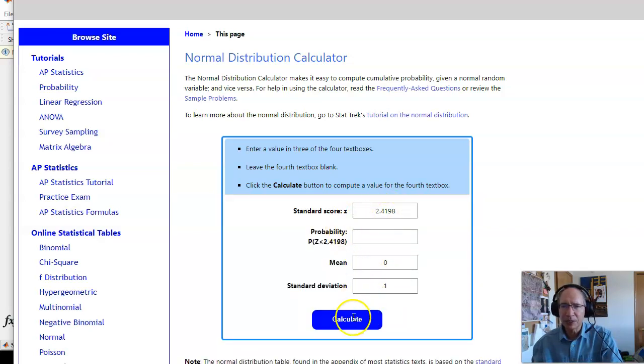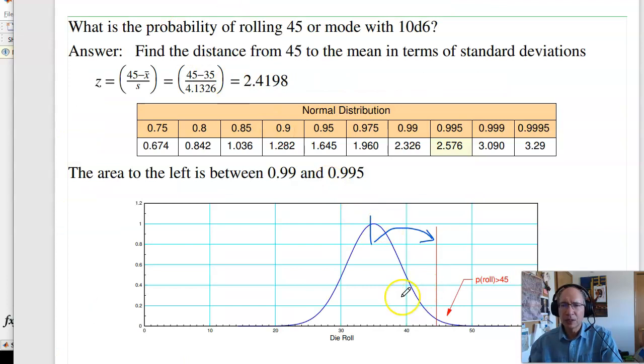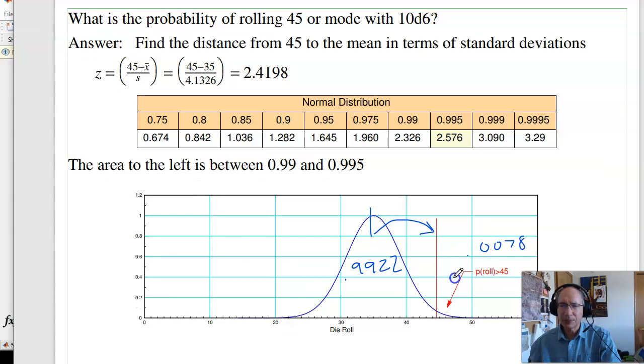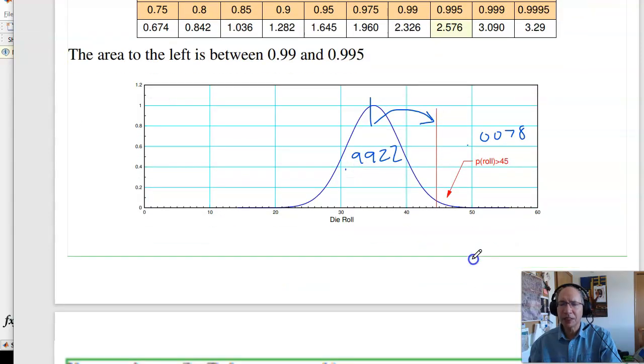There's my z-score. Hit calculate, and 0.9922. So 99.22% of the area is to the left. The area to the right is 0.0078, 0.78%. So that's the chance of rolling 45 or more with 10d6.